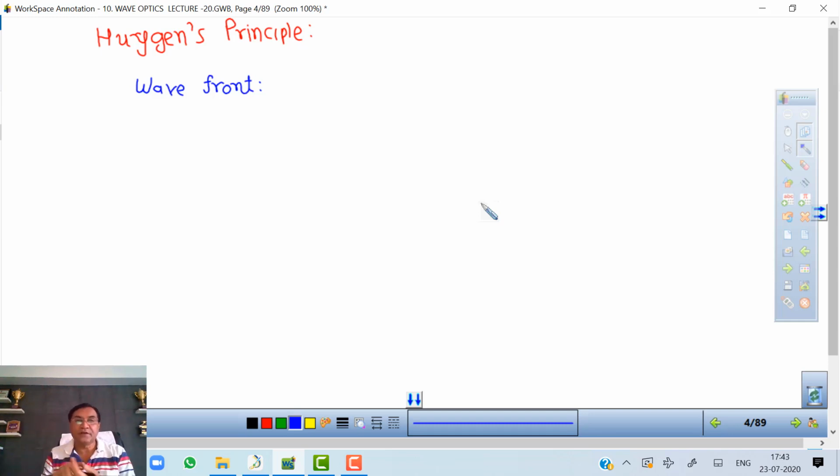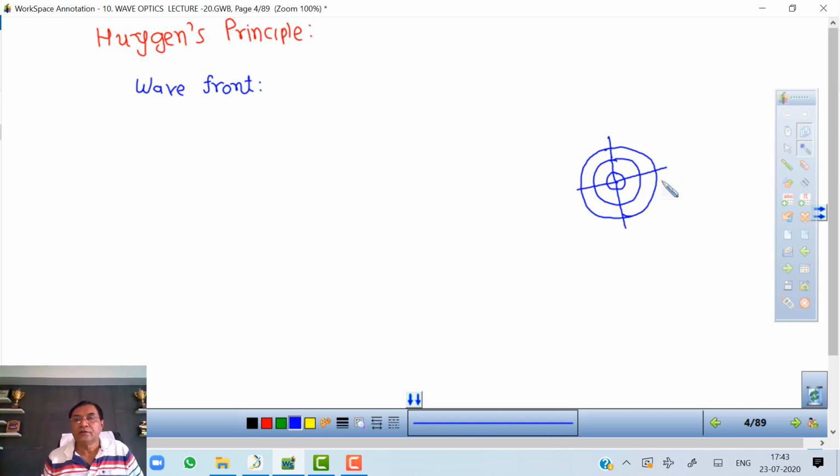And if you take a photograph for one instant, you will see such type of rings. So whatever disturbance is created here, it propagates in the medium, on all the sides.